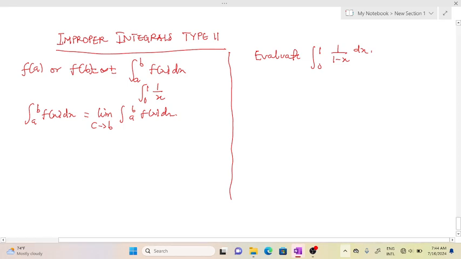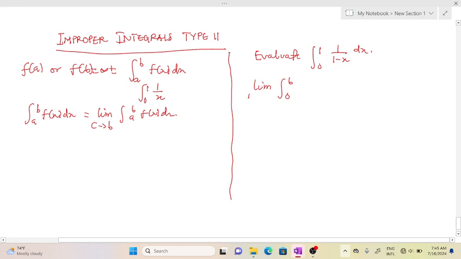So in this case, what I'm going to do is move straight to using limits. So this our problem here will become the limit of the integral from 0 to b. I told you that the number which is causing the infinity situation will be represented with a variable.